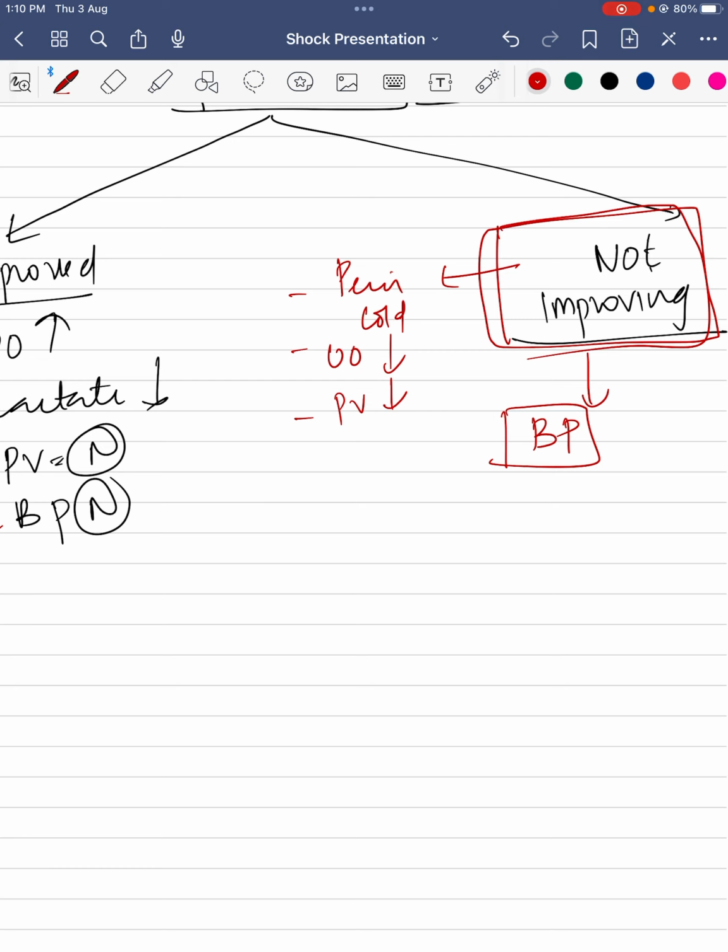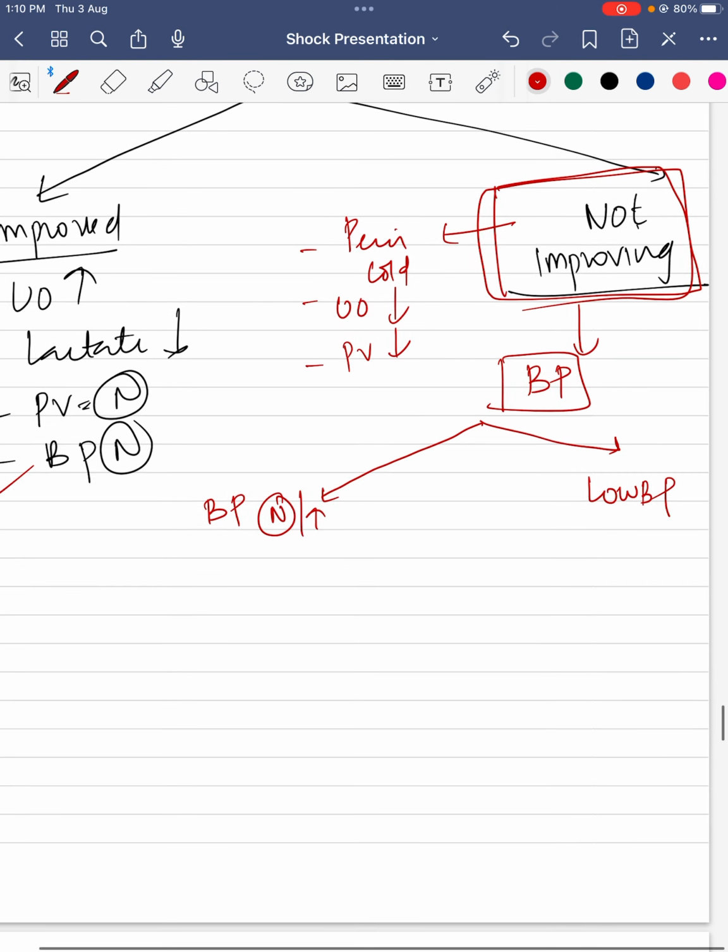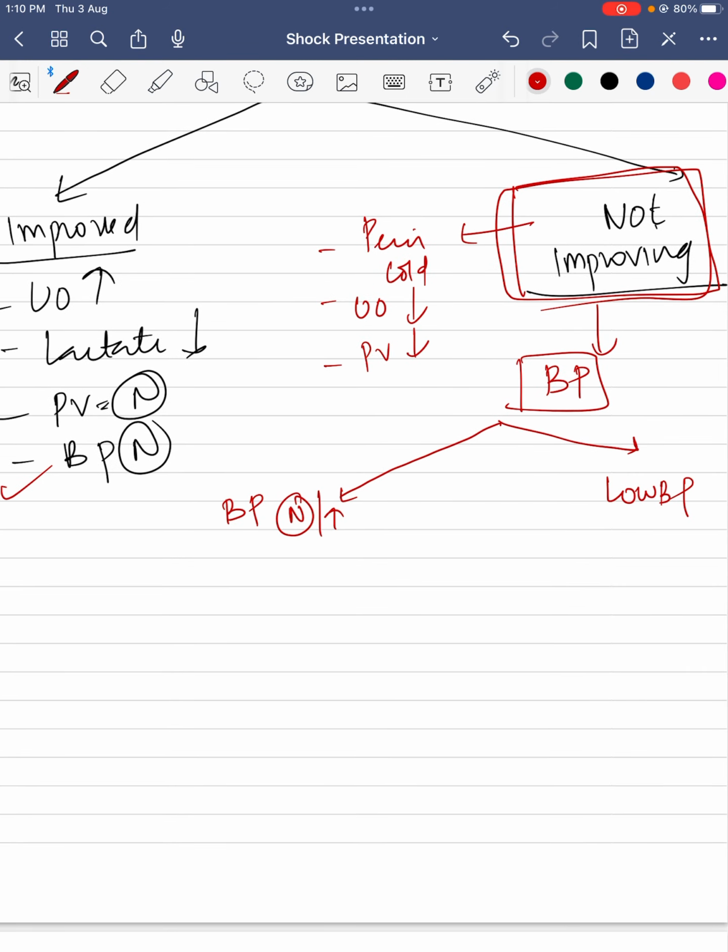Then what to check? BP. Two options: BP is normal or a little bit increased, or low BP. Because according to the BP we have to add the next inotrop.